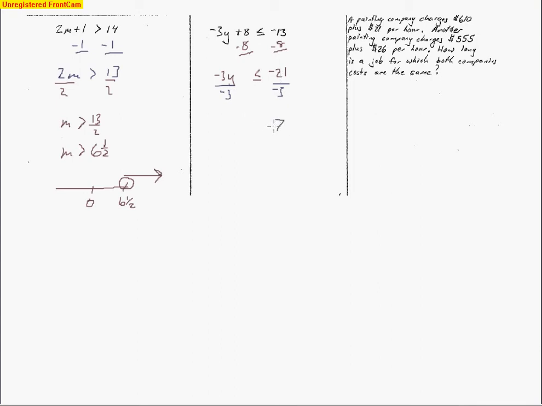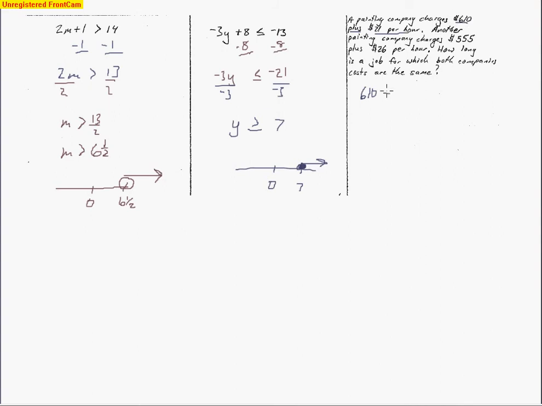So now it's a positive 7, so the y values are now greater than or equal to that positive 7. So if I was to graph this, 7's off to the right. Closed circle this time because it equals 7 as well as being greater than, so it's going off to the right once more. Next problem, it says a painting company charges $610 plus $21 per hour.